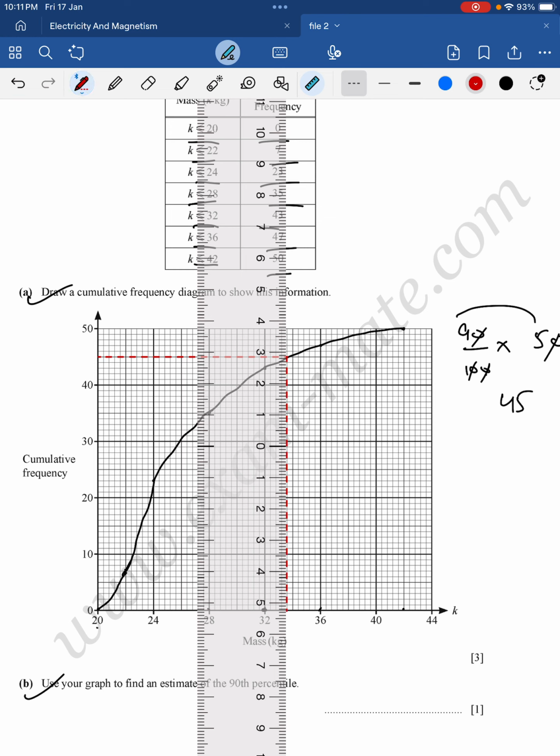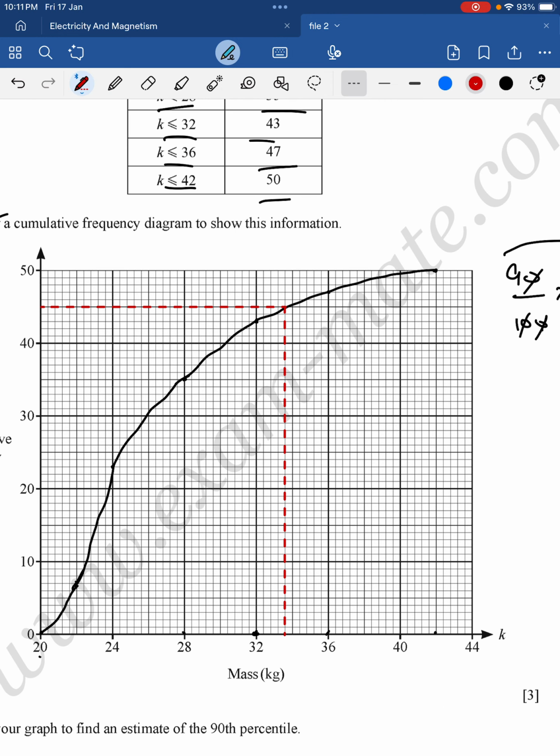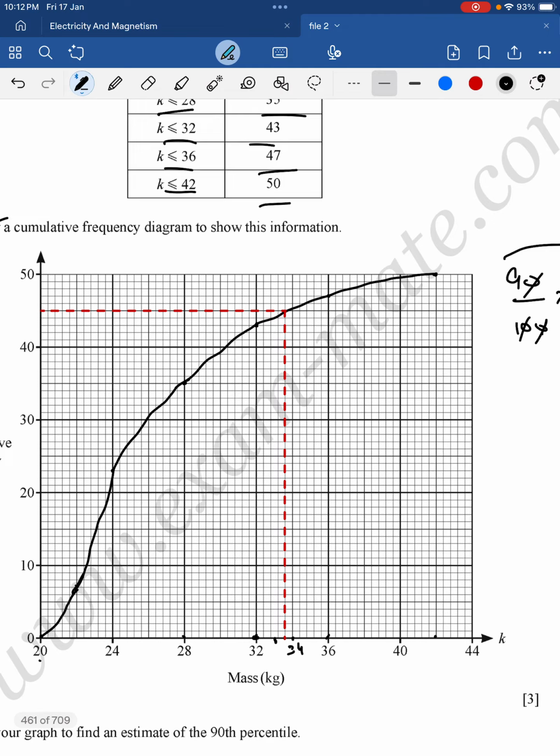Clear? Okay. So here we have the value, which is 32, this is 34, this will be 33.2, this will be 30, this is 34, and this is 33, so this will be 33.6. Clear?